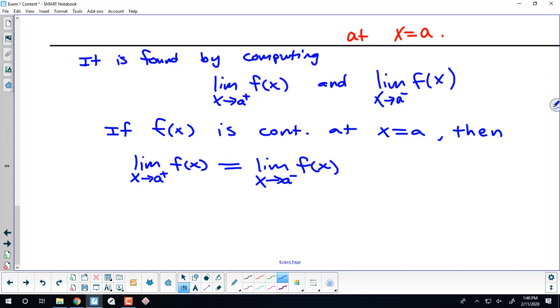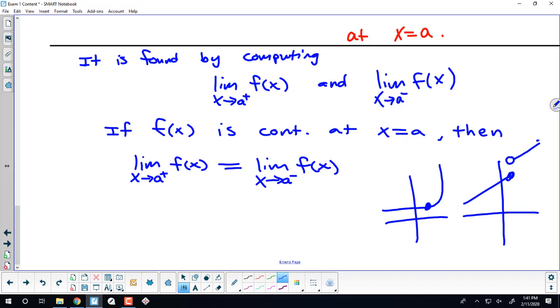If f of x isn't continuous at a, then these things might not be equal. They could be equal too, right? We saw one piecewise function where it was connected, but we've seen other piecewise functions where the pieces are separate. So those limits might not be the same.